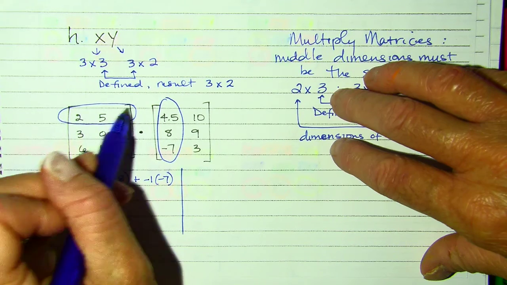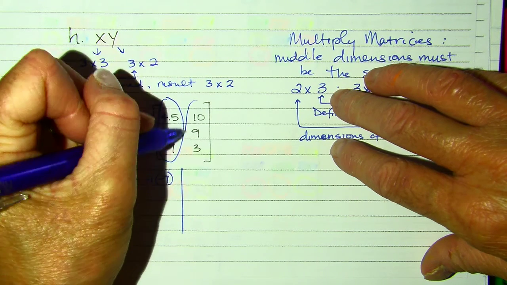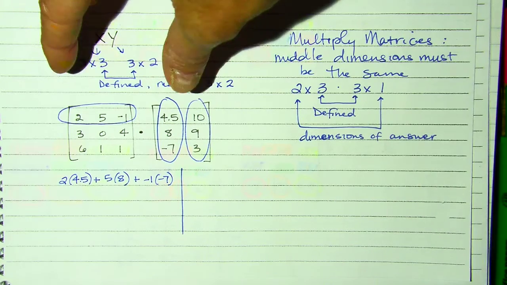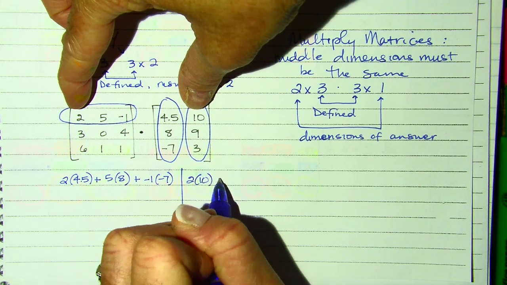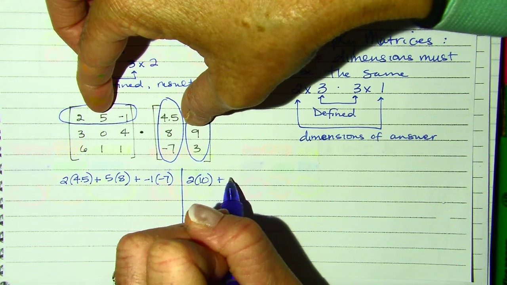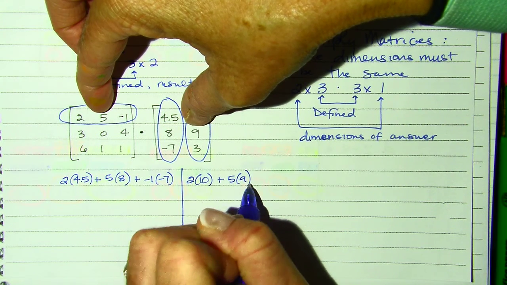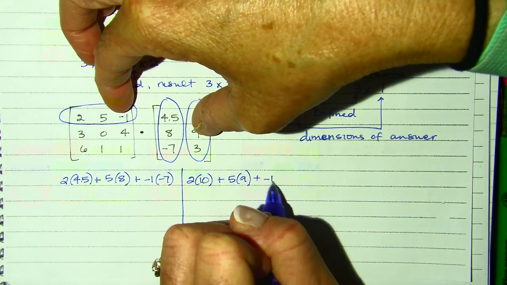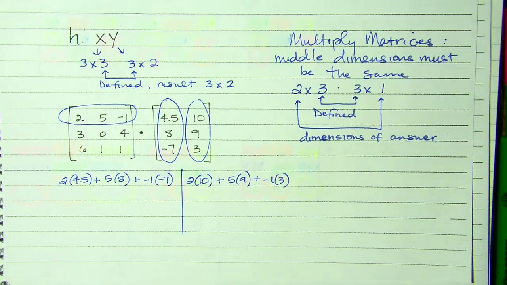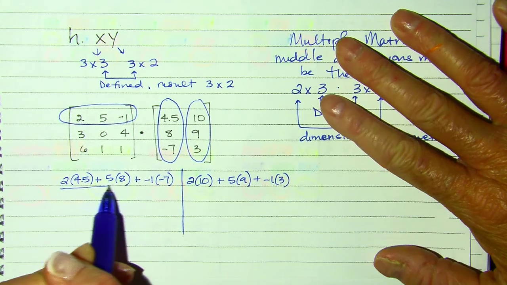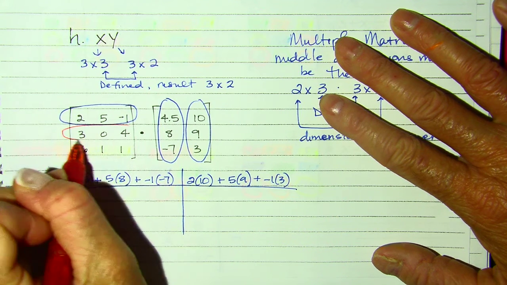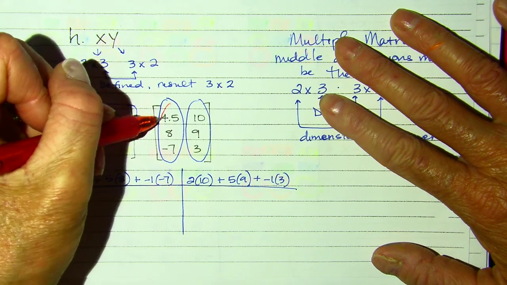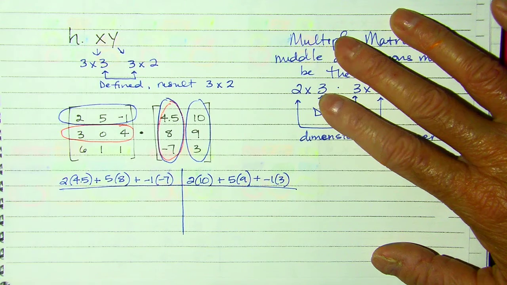Now I'm going to do the first row times the second column. Again, product of the first set, so 2 times 10 plus the second set, 5 times 9 plus negative 1 times 3. Now I'm done with that row, so I'm going to draw a line and move on to row 2. So now I'm doing row 2 times column 1.